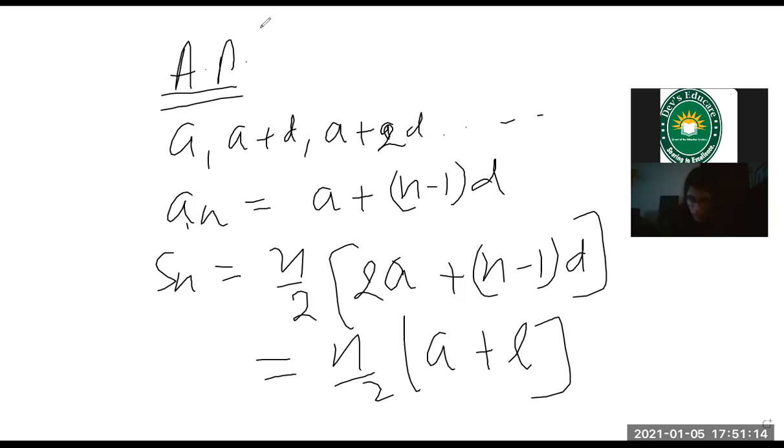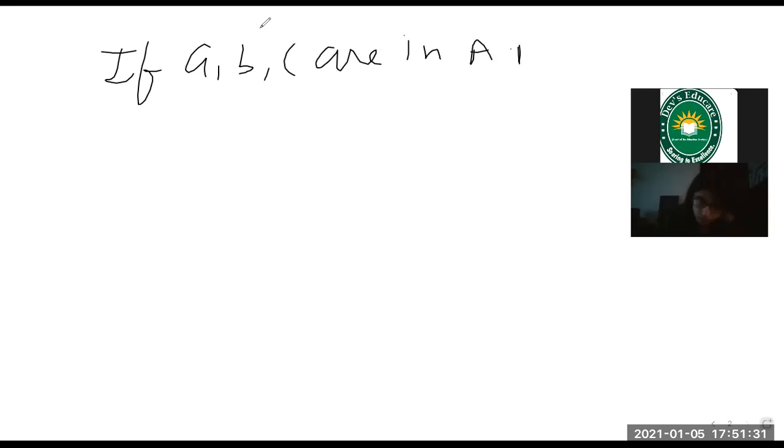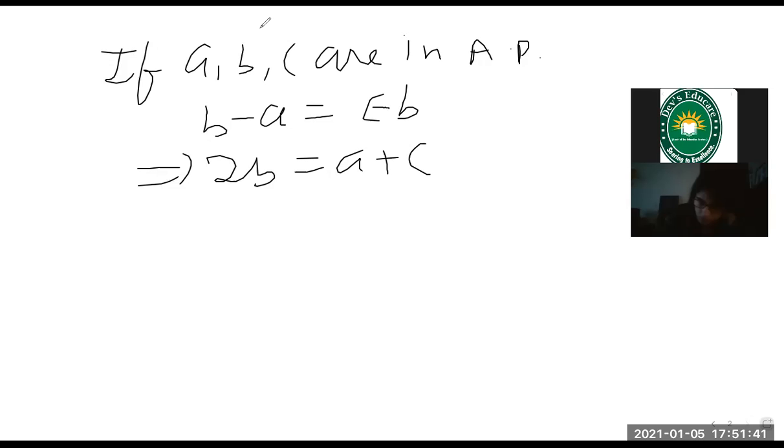If A, B, C are in AP, then B minus A equals C minus B, which gives 2B equals A plus C. This is the relation that we obtain from the concept of common difference.